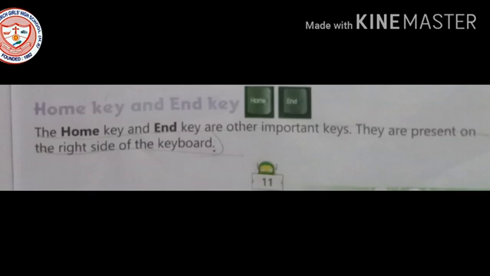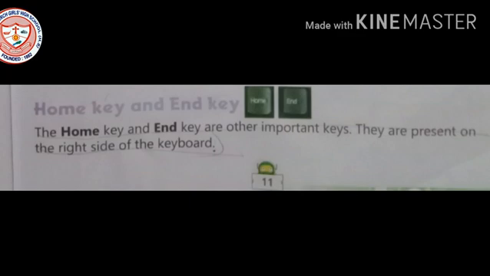Okay. Now see, when working on a document, for example, in notepad or wordpad, when you press the home key, what happens? The cursor will move to the beginning of the line.